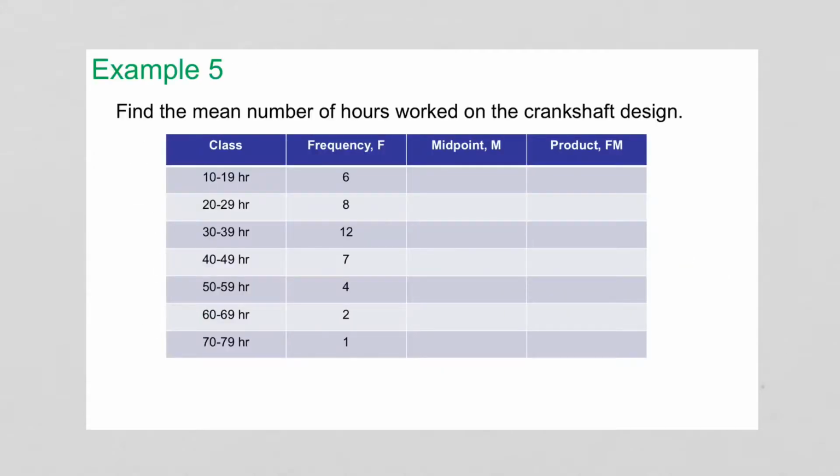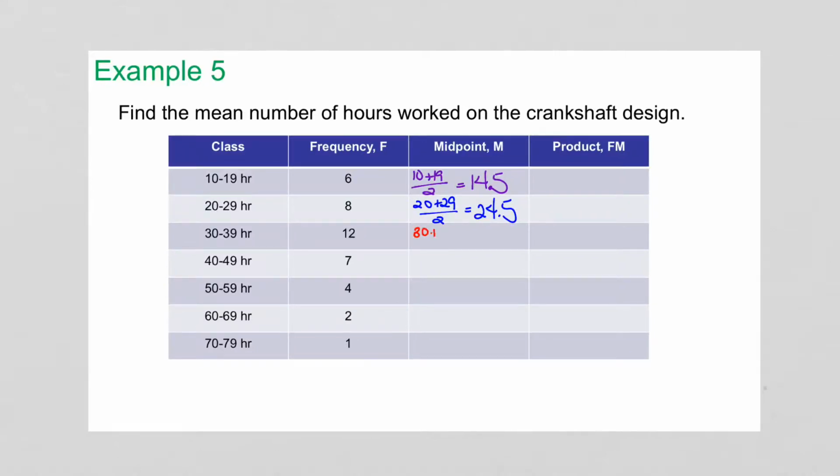So the midpoint of the first class would be 10 plus 19 divided by 2. That's 14.5. The midpoint of the second class would be 20 plus 29 divided by 2. That's 24.5. Then we'd take 30 plus 39 and divide by 2.